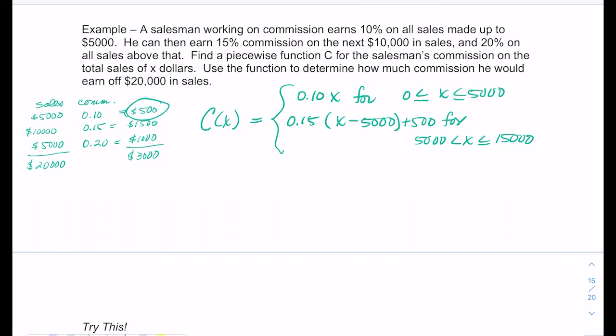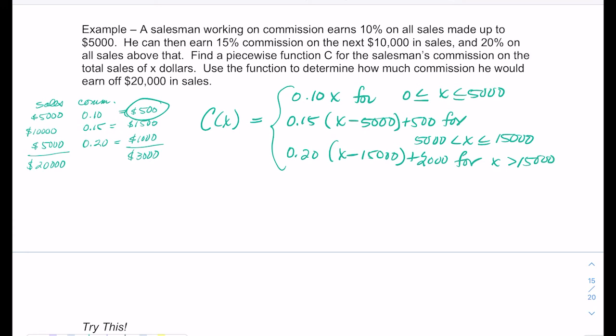And then for the last one, we've got 20%, and this time it's going to be x minus the first 15,000, and then don't forget, plus he made $2,000. This time x has to be greater than 15,000.